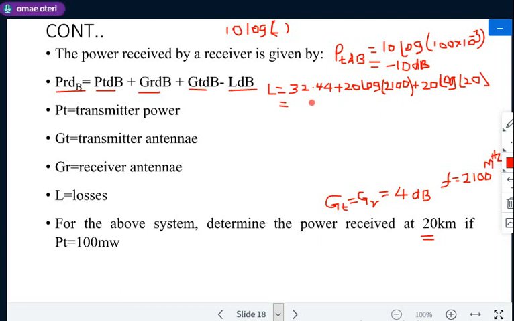So that comes to 124.9 decibels, which means I can now take the received power PR dB equivalent to the transmitted power, negative 10 dB, then plus the gain of the receiving antenna, plus the gain of the transmitting antenna, minus the losses, which is 124.9.